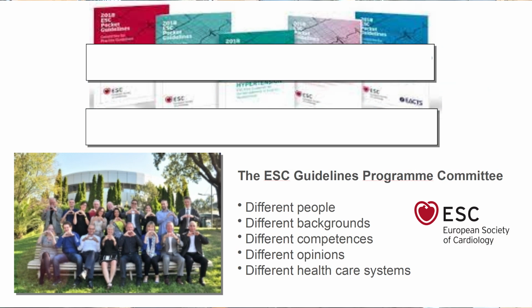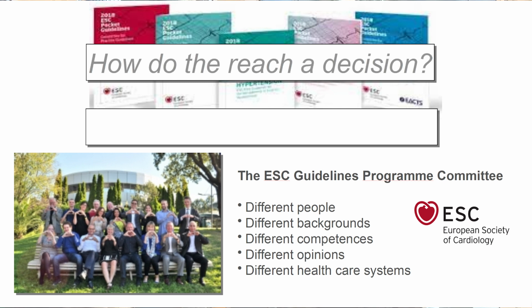Well, here they are. And this is the ESC Guidelines Program Committee. Different people, different background, they come from different countries, different healthcare systems, obviously different opinions. And how do they reach the decision? Well, they are voting.